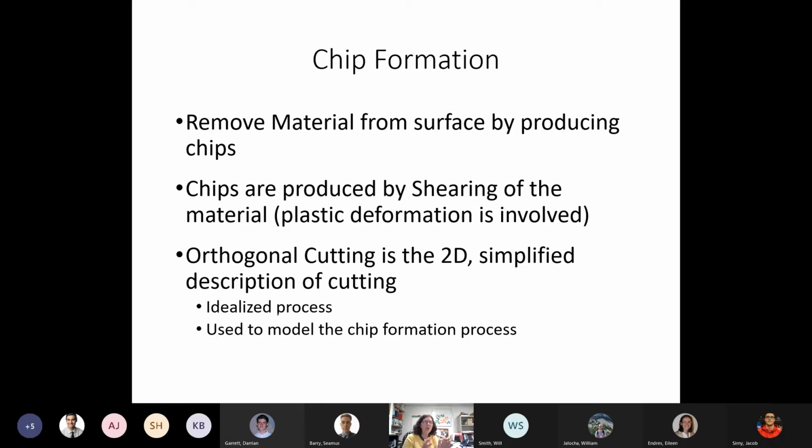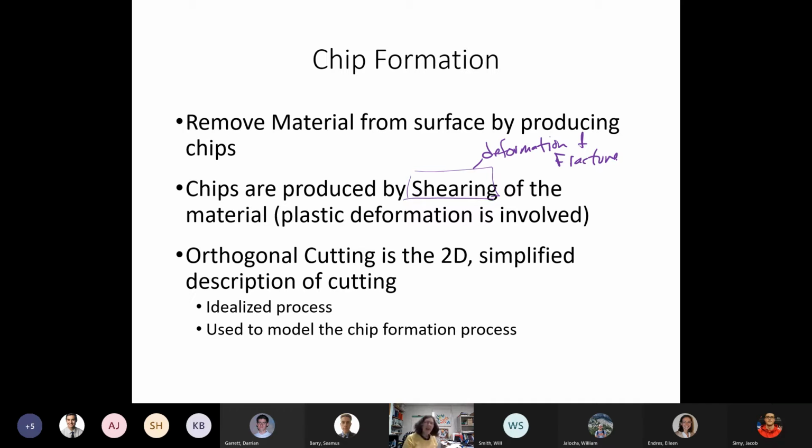Sometimes we refer to the width of the material that's being removed as the kerf. Now, chips are removed by shearing. And so we know that shearing is deformation and fracture. When we machine and produce a chip, we're actually plastically deforming the surface. So we can get some work hardening going on there.